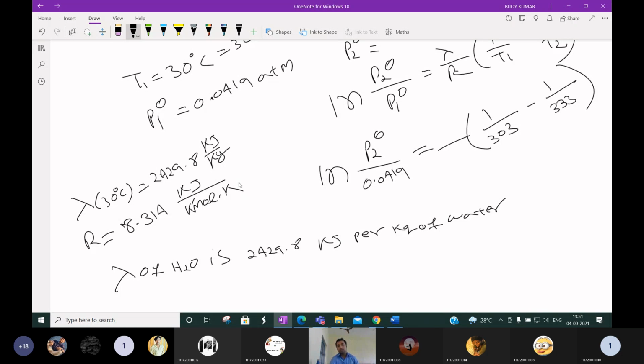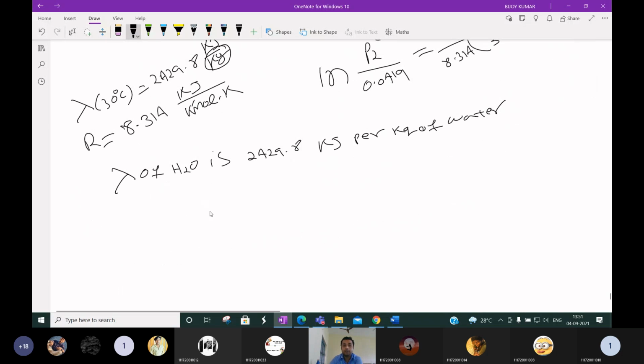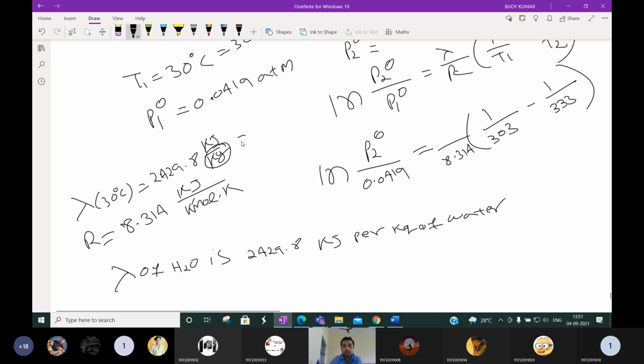The unit K is Kelvin, that's why we change the temperature to the Kelvin scale. So here I can write 8.314. But here the unit is kg, and there the unit is kilomole. How to change it? We have to change kilojoule per kg to kilojoule per kilomole.